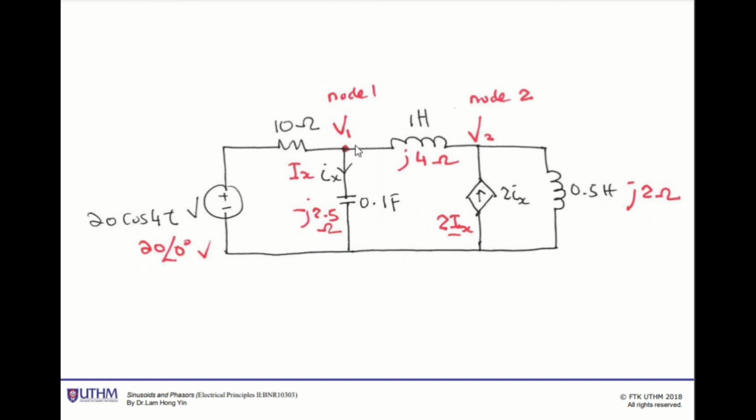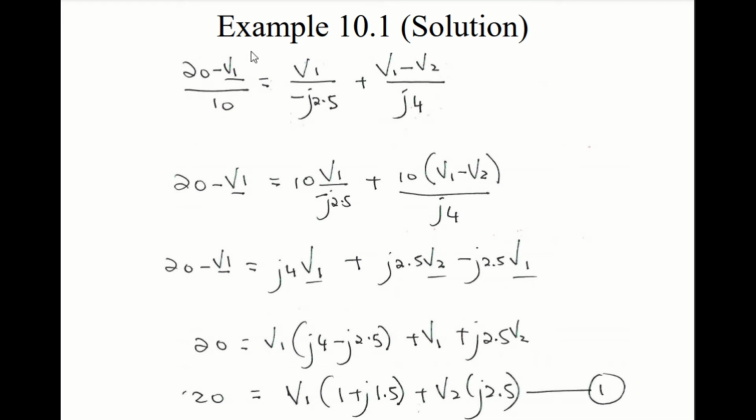And another one is the current that goes from here to here, which is I1. So V1 minus V2 over J4. So that's how we get this value. It's the same concept used in Electrical Principles 1.